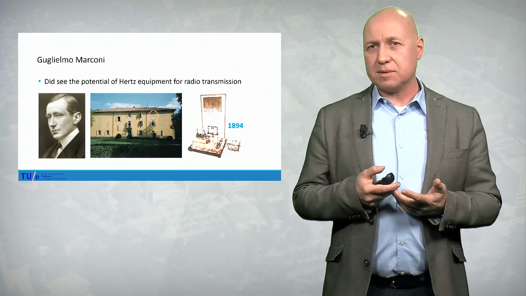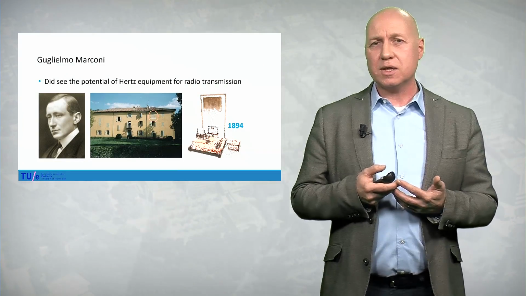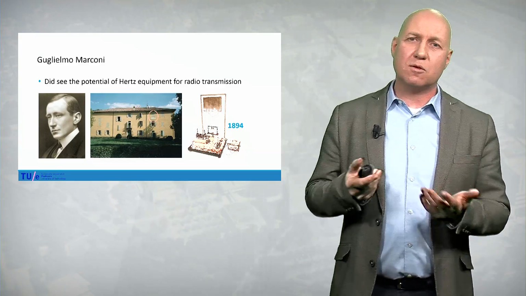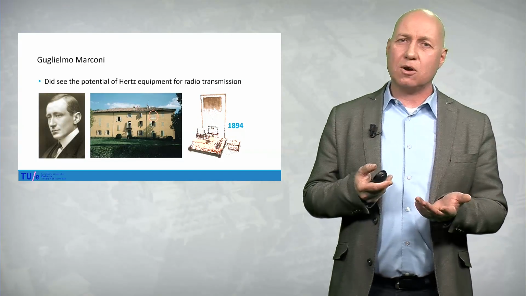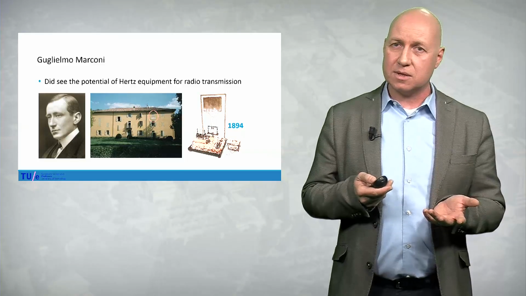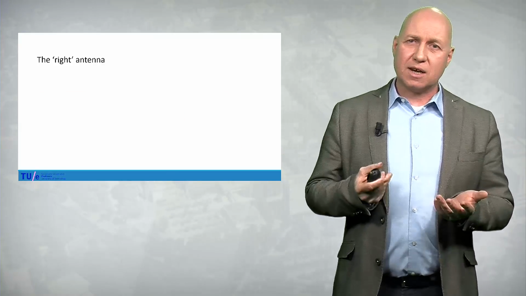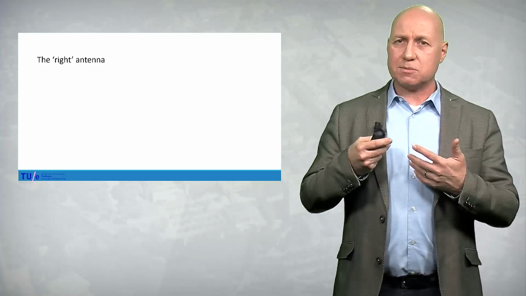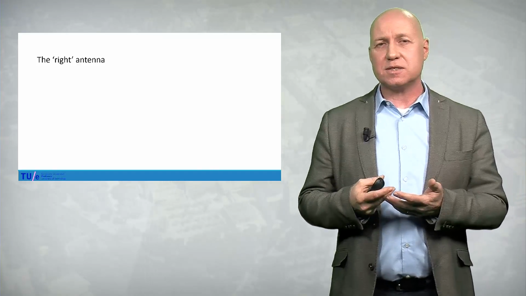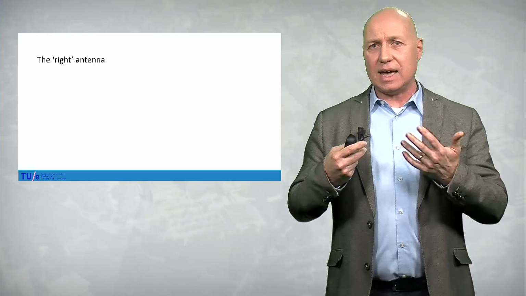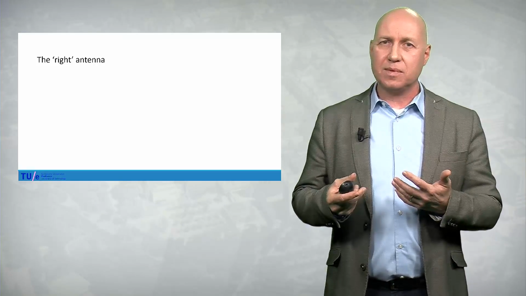With this transmitter, he was capable of transmitting information in the form of Morse code over the length of the attic of his father's house. Then Marconi moved outside and he could soon transmit messages over distances of 1 kilometer.